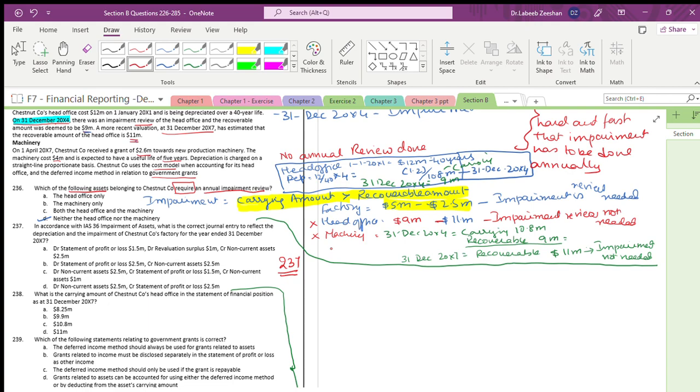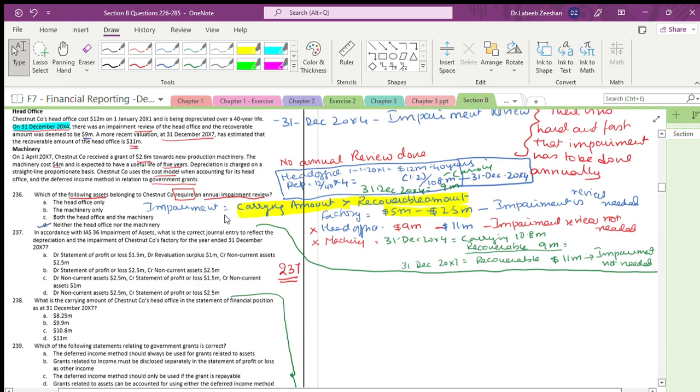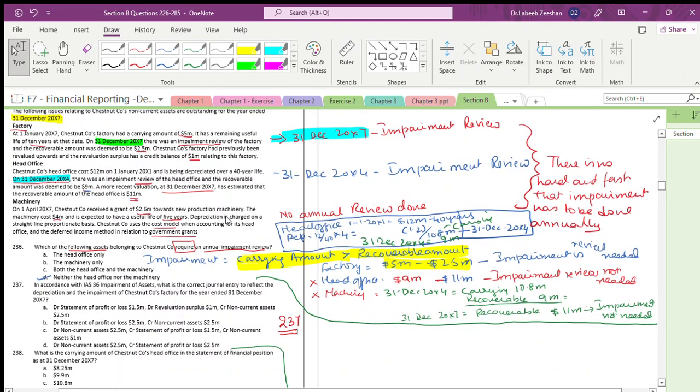In accordance with IAS 36, impairment of assets, what is the correct journal entry to reflect the depreciation and the impairment of the Chestnut factory for the year ended 31st December? They are only talking about the factory. Focus on factory only.